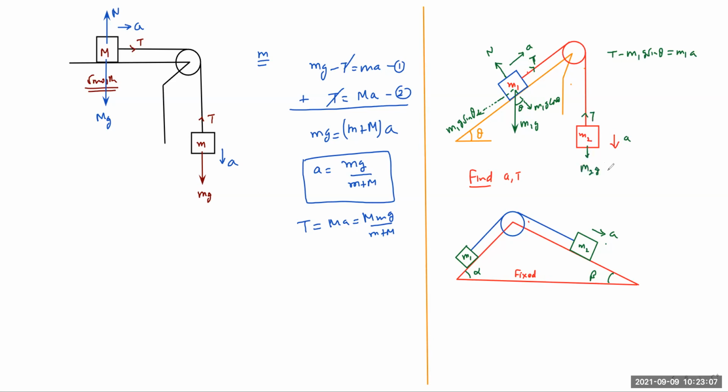Nothing to resolve here because everything is properly aligned along the acceleration. So we have to just write m2g minus T equals to m2A. You need to just add the values and you'll get the answer: m2 minus m1 sine theta into whole g, equals to, in fact, I can divide here. That's the answer.